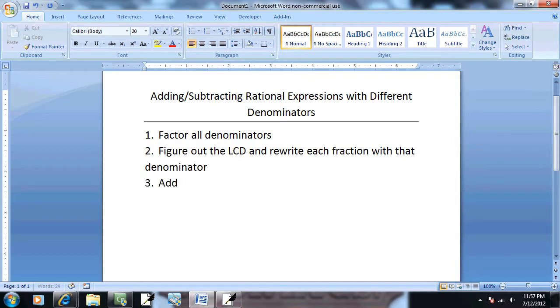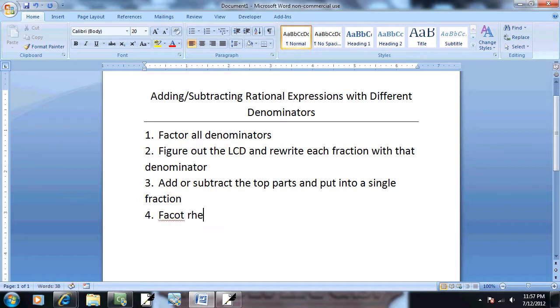Step 3: Add or subtract the top parts, the numerators, and put into a single fraction. Step 4: Factor the top, factor the bottom. Now the bottom should already be factored, but just in case you multiplied it through, this ensures that you do factor it. And then cancel if necessary.